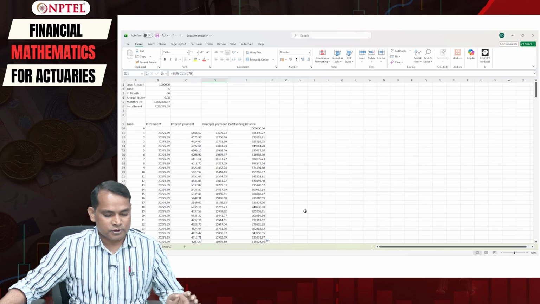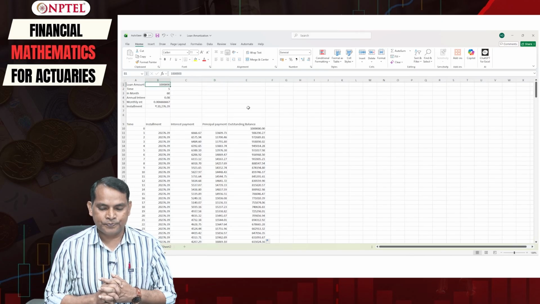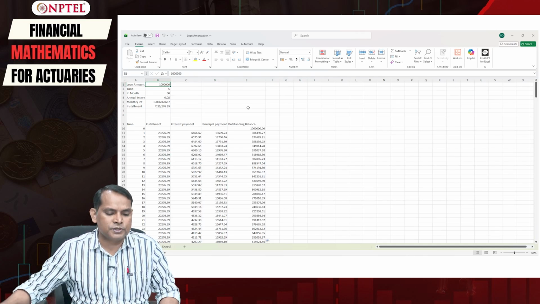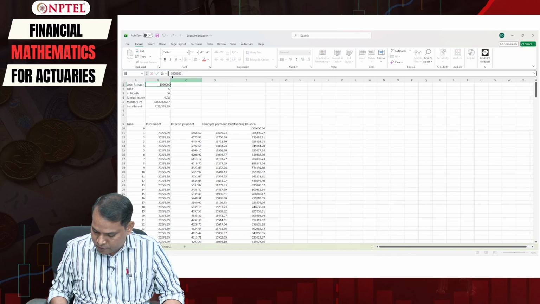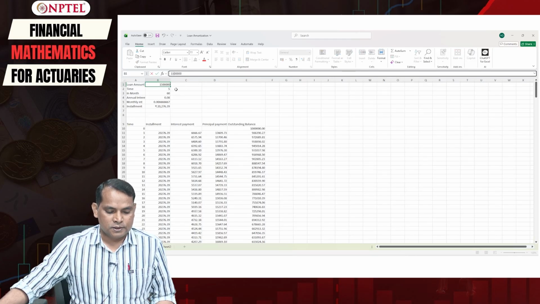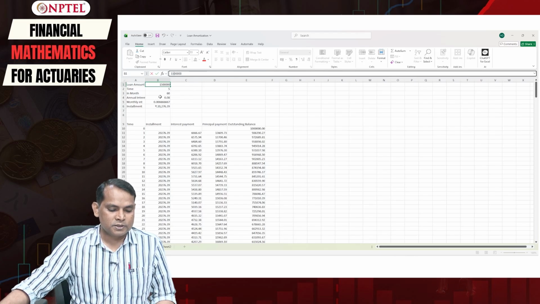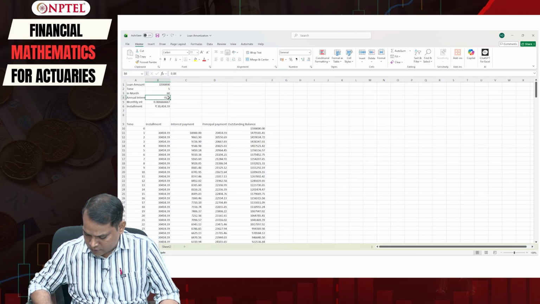So you can now change it. Suppose that the loan amount will become 15 lakh, instead of 10 lakh. Now you need to compute it as 15 lakh. So you just mention here 15 lakh, and the amount will be repaid within 5 years monthly payment, that is again 60, let's say, and the rate of interest is now let's say 6%, so we will simply have 0.06.